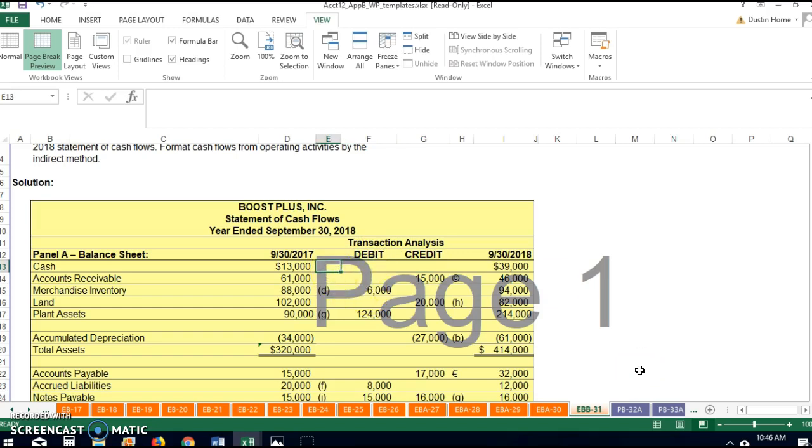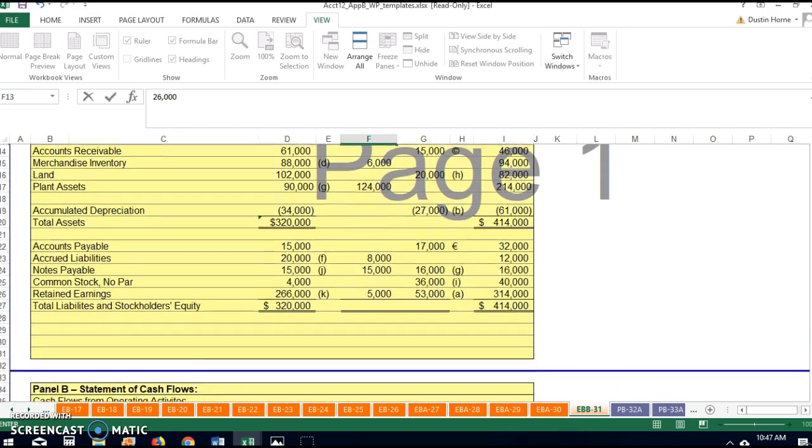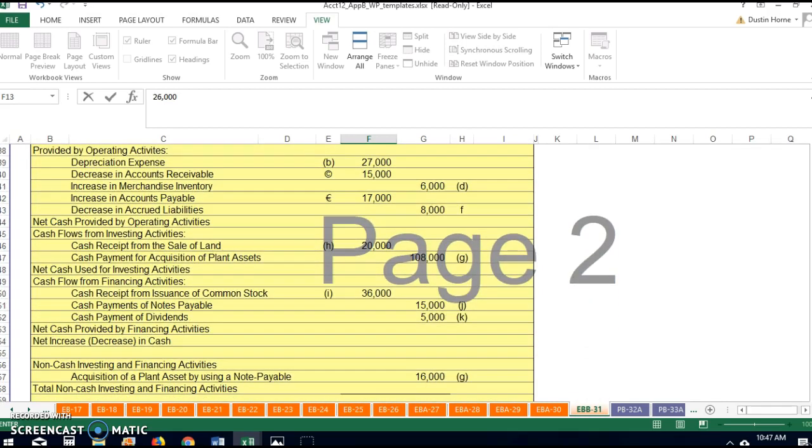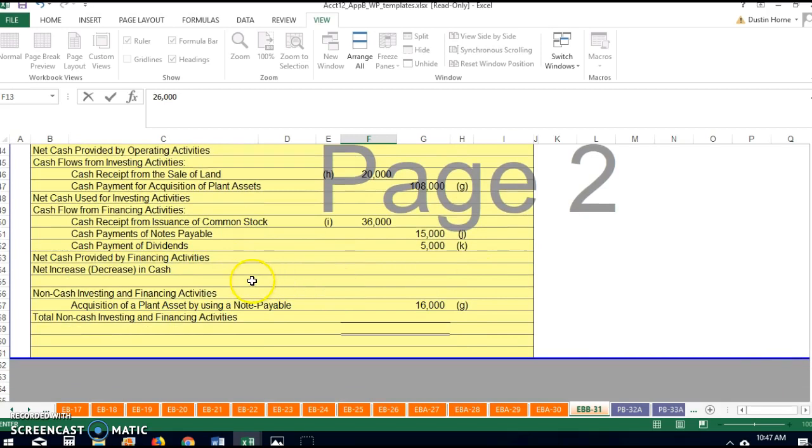This is going to be transaction L. Okay, and we know it is an increase of 26,000. To increase cash, we always debit it. Increase current asset, we debit it. So down here, a net increase in cash, we want to put it on this side, so our debits and credits will equal.